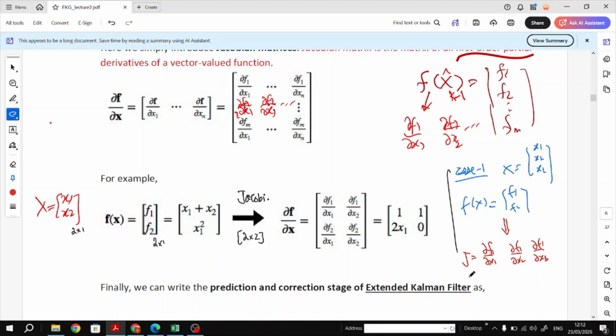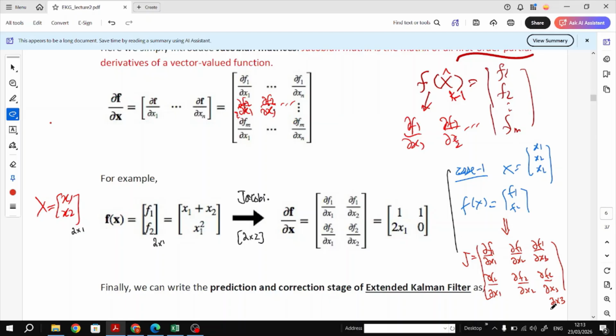In the second row, you take the second function and take the partial derivative with respect to the first variable, the second variable, and the third variable. So what is the dimension? 2 rows and 3 columns. This is your Jacobian matrix dimension.